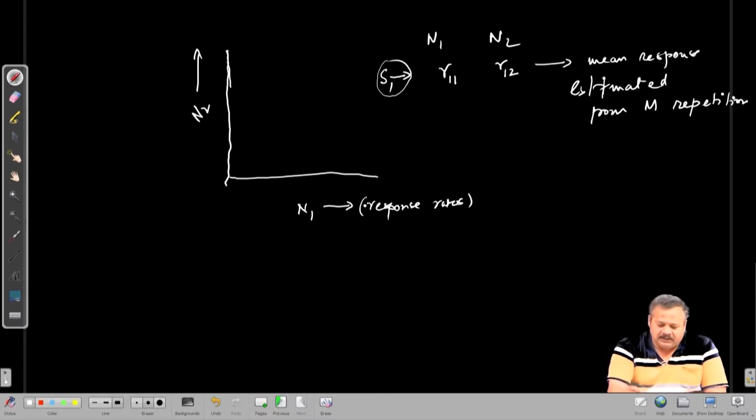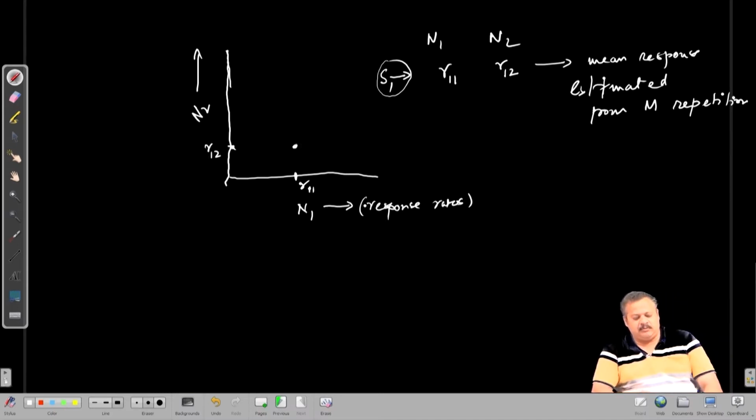So, this mean response R11 is here, and the mean response R12 is here. And so, we represent the mean response as a point in this plane.